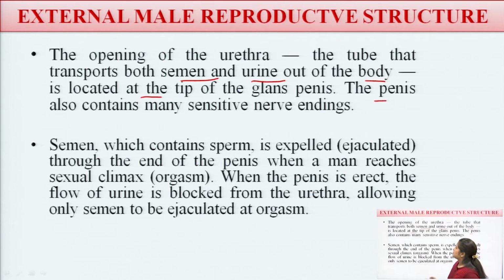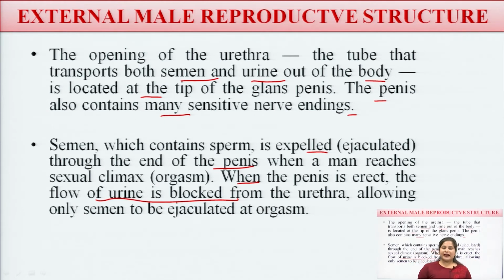The penis also contains many sensitive nerve endings, and the semen which contains the sperm is expelled, or ejaculated, through the end of the penis when a male reaches climax during intercourse. When the penis is erect, the flow of urine is blocked, because there is a single tube for the ejaculation of semen or urine.